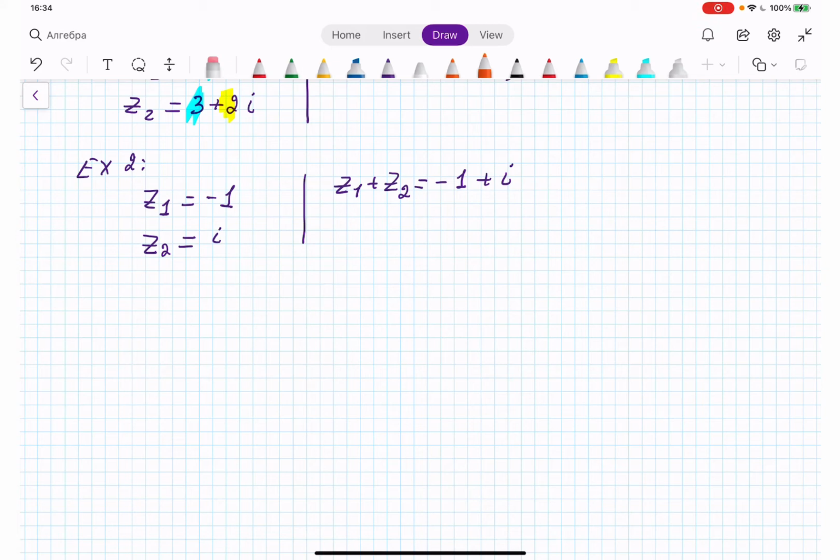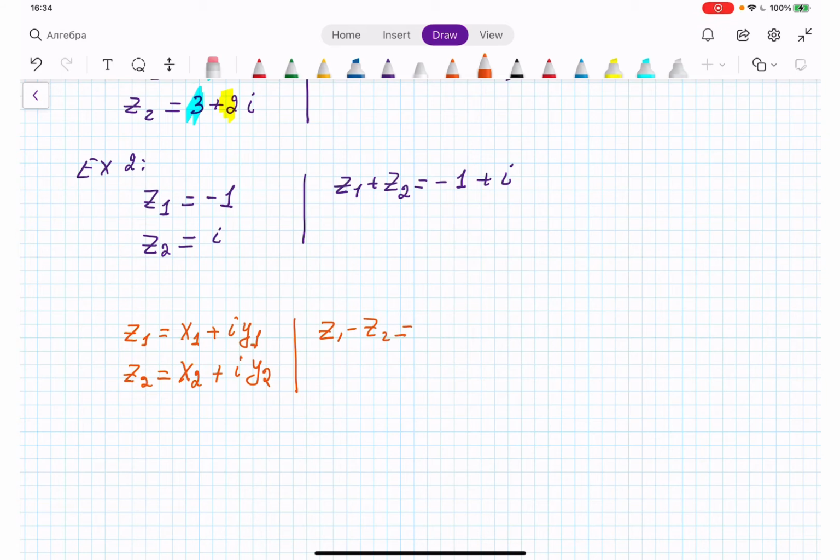So the difference of two numbers, z1 equal to x1 plus i y1, and z2 equal to x2 plus i y2, is z1 minus z2.